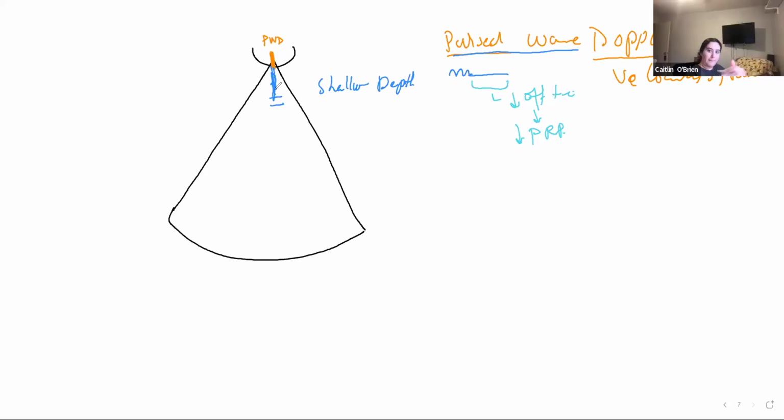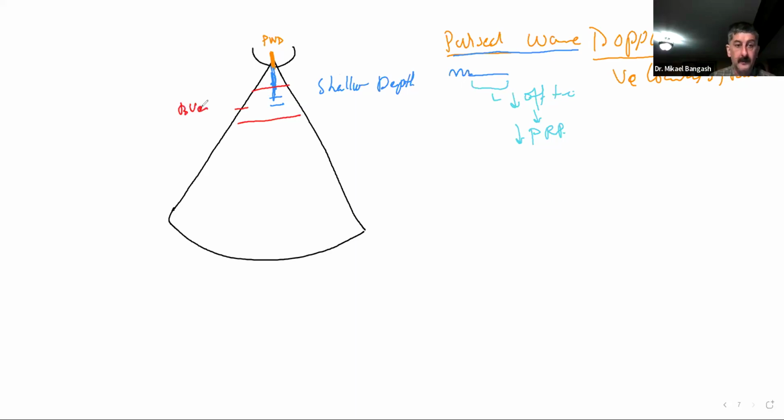Yep. Now, why would we like to keep our sample volume at a shallow depth? Mainly because this sample volume, dear guys, has to be inside the blood vessel.